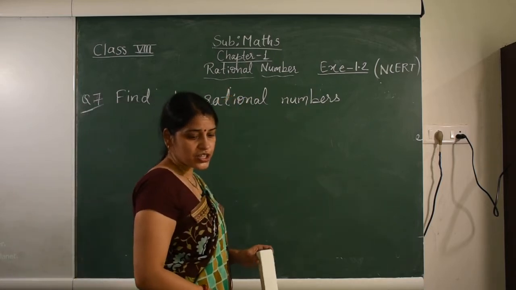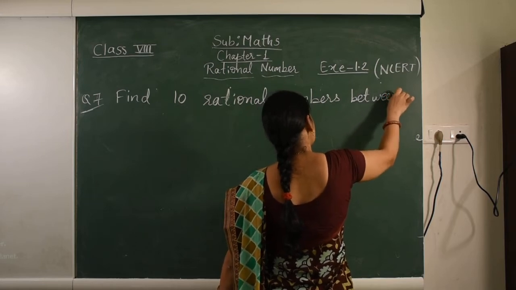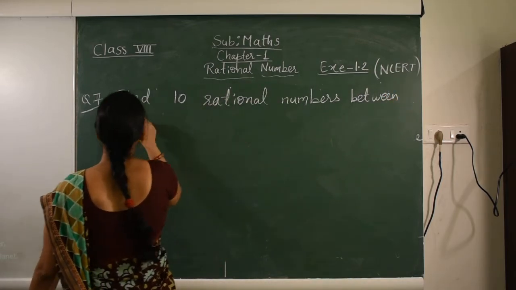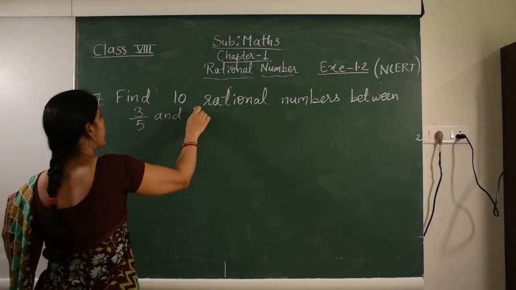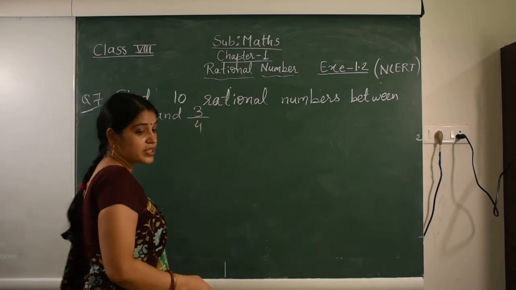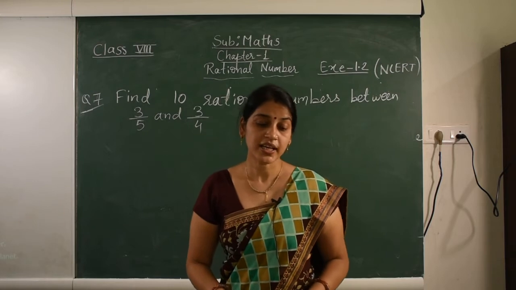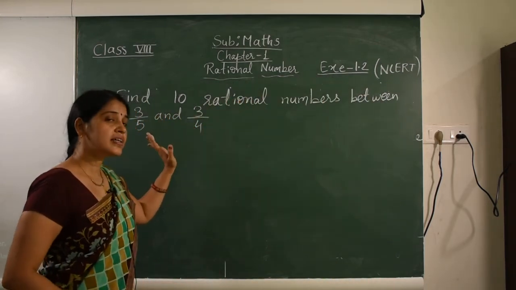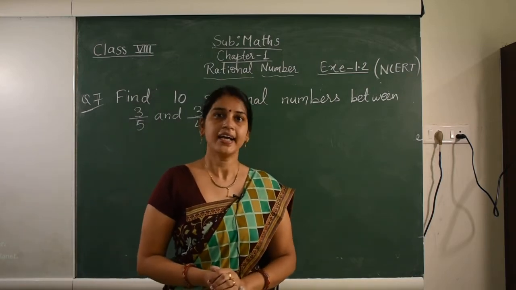Okay, find 10 rational numbers between 3 upon 4 and 3 upon 5. Between these two rational numbers you have to find 10 rational numbers. So here again, the first method I explained, you can make their denominators the same by taking the LCM.